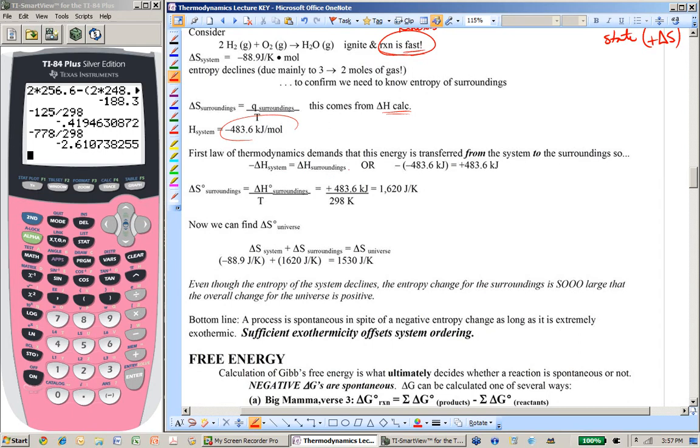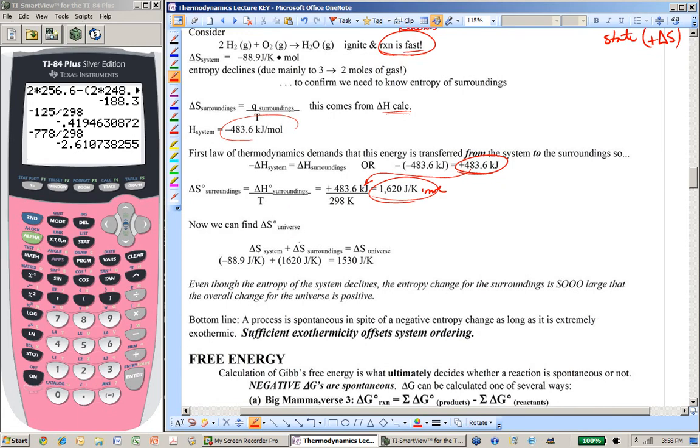It only changes form, so what's lost must be gained somewhere else, because you can't just have it evaporate. So my minus 483.6 is now becoming a minus again, so thus it's going to become a positive value. So the delta S of the surroundings would be that positive value over the temperature 298 Kelvin, and I come out with this amount of joules per Kelvin mole.